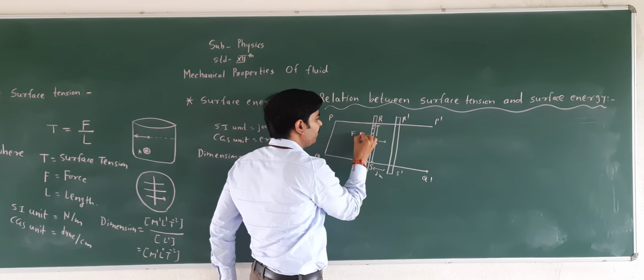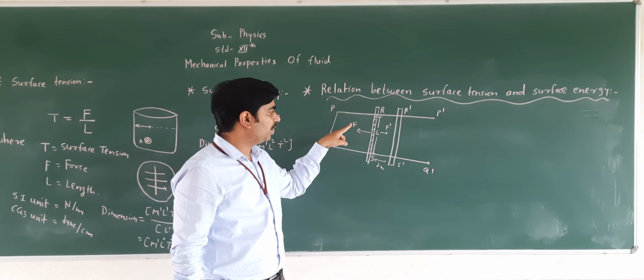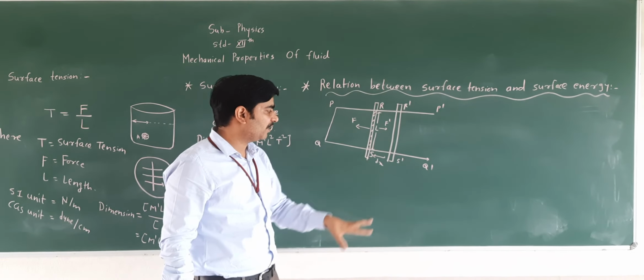Suppose this is F and this is F dash. Normally the liquid has the tendency to contract. As the liquid contracts, the phenomenon of surface tension develops, and in order to stretch it we should apply a force, suppose F dash. So both the forces F and F dash are equal.